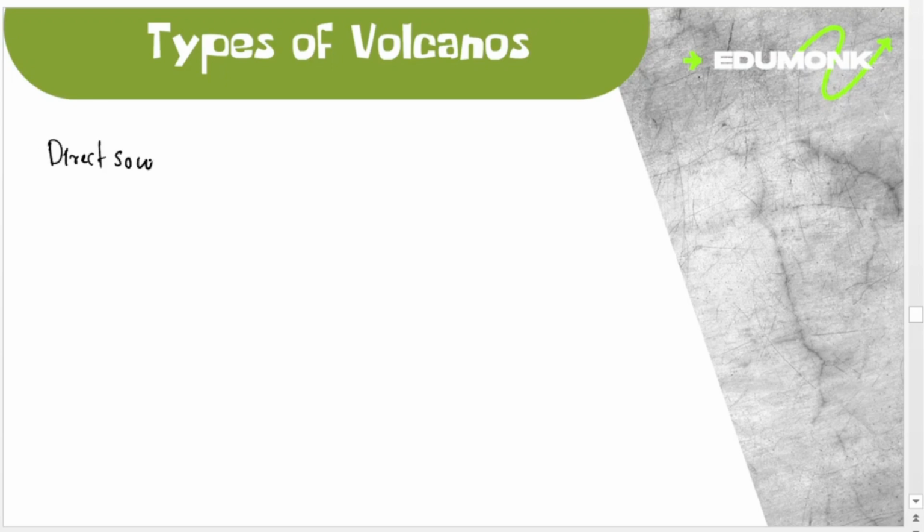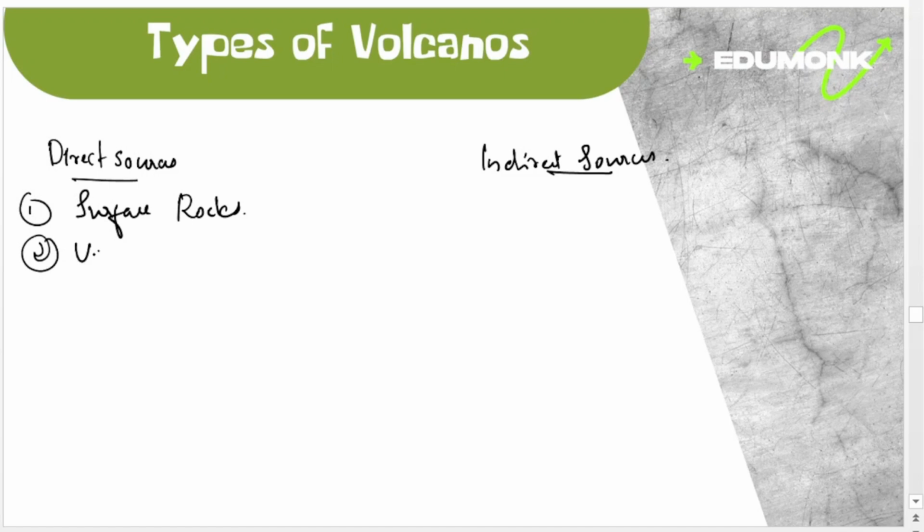Direct sources and indirect sources. For the direct sources, we are using the surface rocks. Second one is volcanoes. Third one is mining projects.